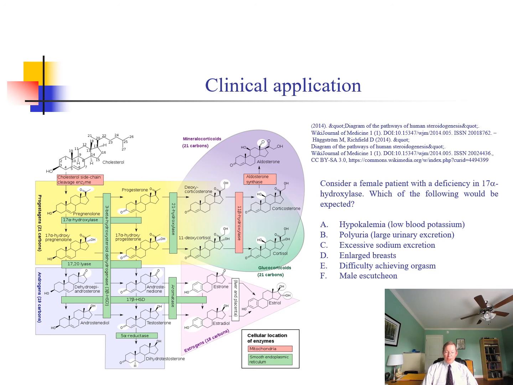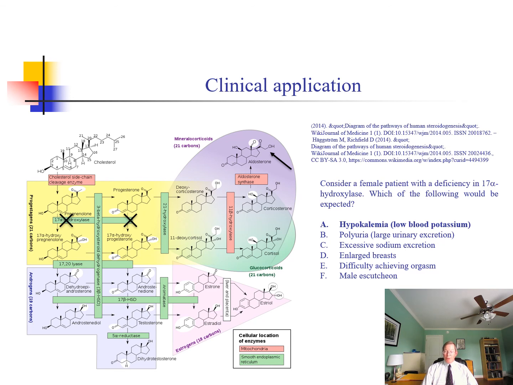So the first thing that you need to do is go onto this and see where the 17-alpha-hydroxylase is. And I hope that you can see it's over on the left-hand side, just under that step for going from pregnenolone to the hydroxy version of that, the 17-alpha-hydroxy form. So as a result of that, you will tend to shunt things down the aldosterone pathway.